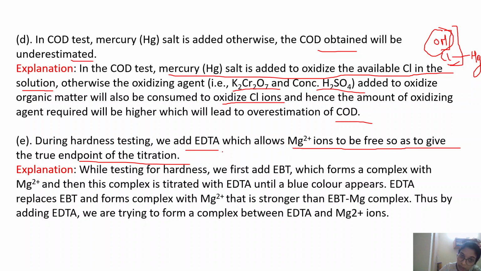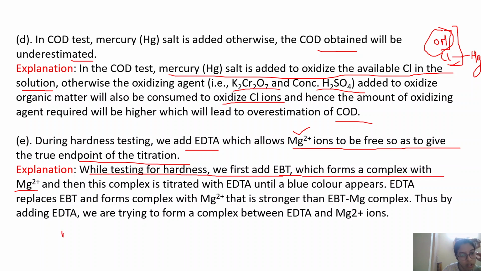According to this statement, why do we add EDTA? To allow magnesium ion to be free so as to give true endpoint of the titration. But actually what is happening? While testing for hardness, we first add EBT, that is Eriochrome Black T, which forms a complex with Mg2+.